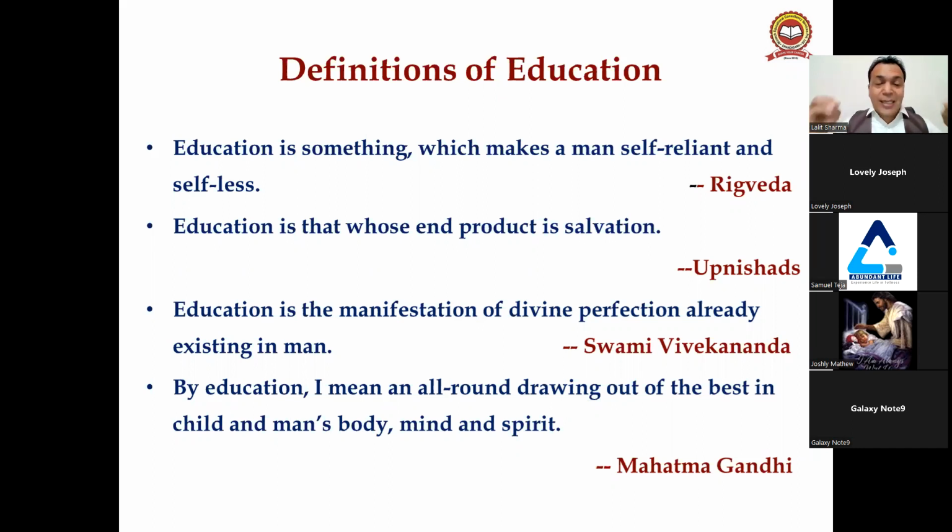So child-centered education you have to provide. You have to work according to the need, interest, aptitude, and attitude of the child, right? And you have seen that those organizations that work this way are getting success. And Mahatma Gandhi has said that by education I mean an all-round drawing out of the best in child and man's body, mind and spirit, right?